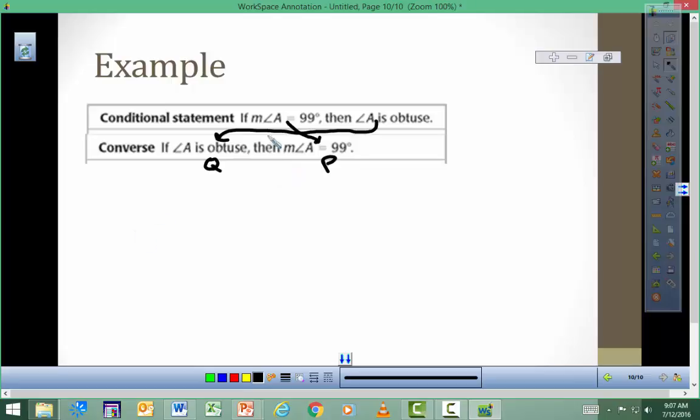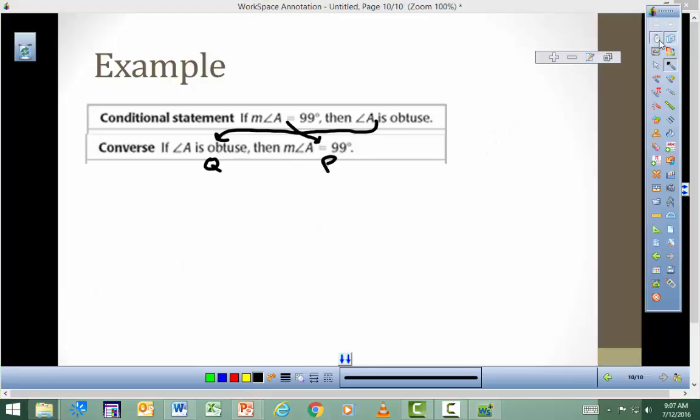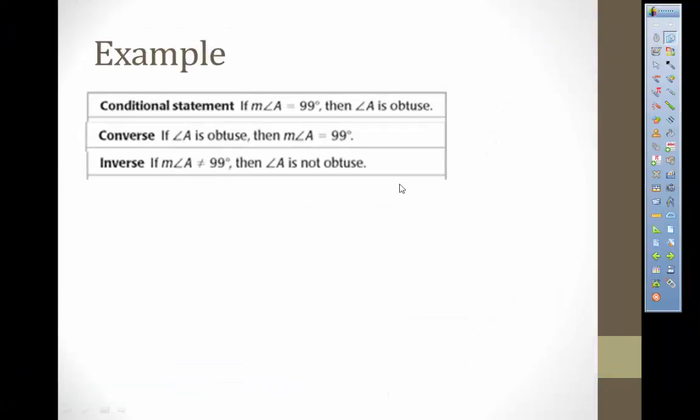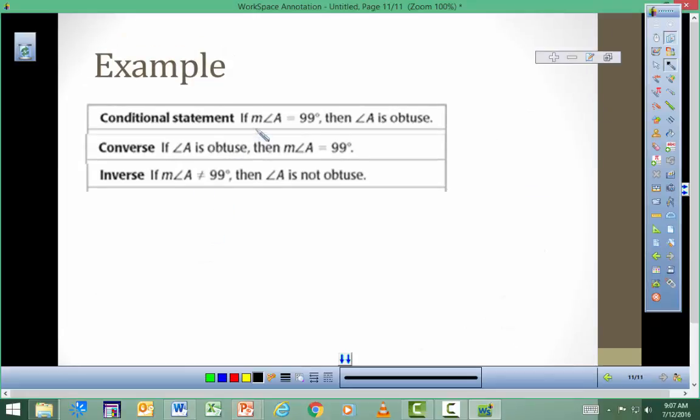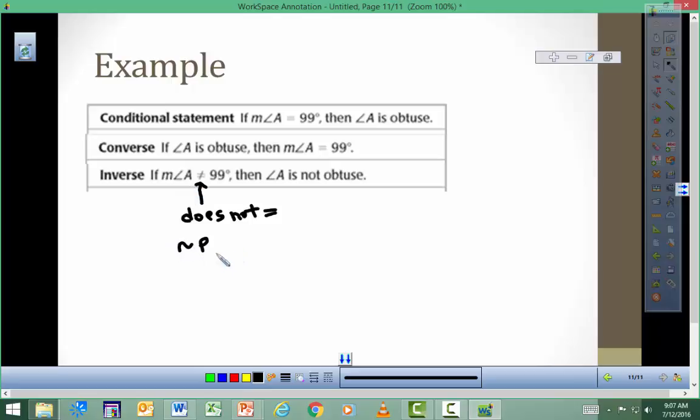Alright, so now let's look at the inverse. Now, all they did, it's like the original statement, but they negated it. And so this symbol here means does not equal. And so what we have basically here is not P. Excuse me.